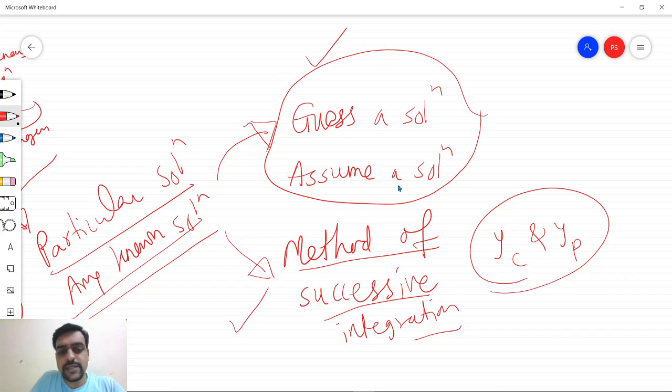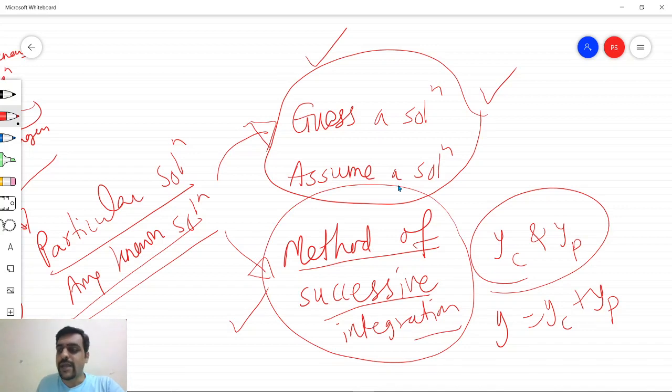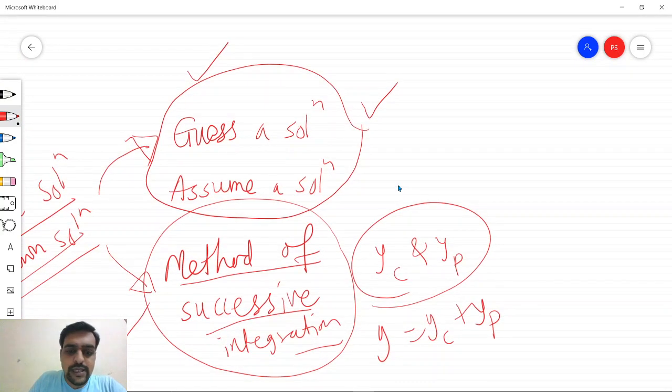So this method of successive integration always gives the entire solution y equal to yc plus yp. But most of the times we prefer using the other technique because this method of successive integration is mathematically too involved or complex a process. So let us discuss this method of successive integration first.